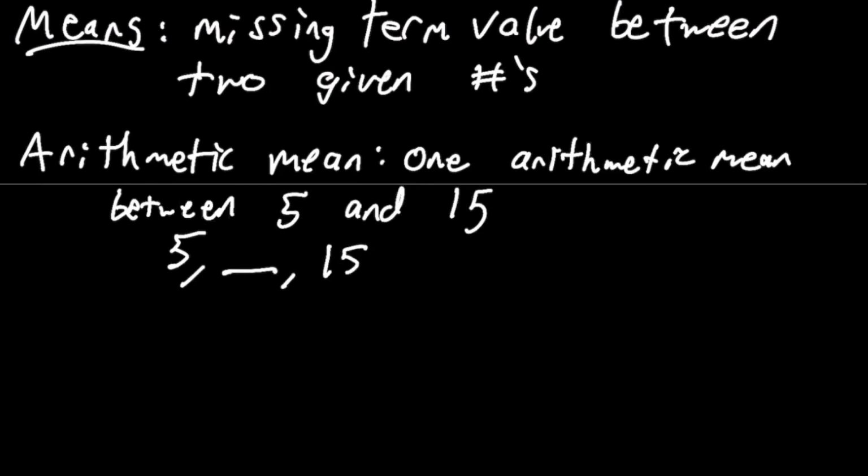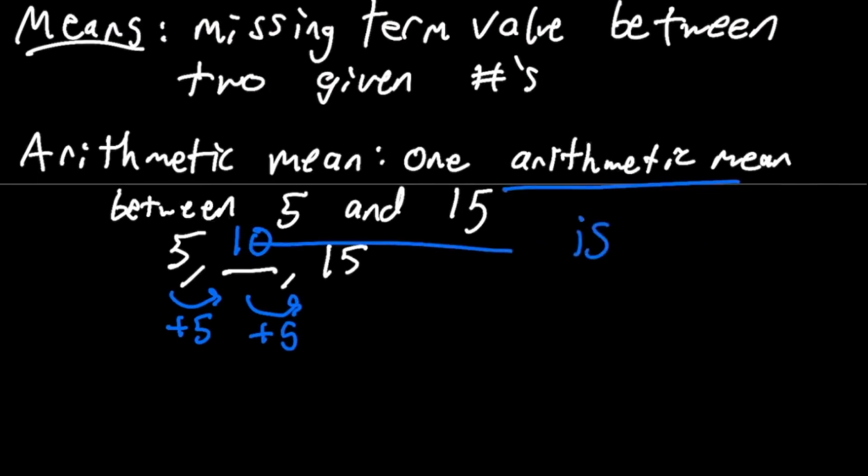So we're thinking about what do we need to add each time to get from 5 to our missing value to 15. In this case, we're adding 5. So 5, 10, 15. So the arithmetic mean between 5 and 15, we would say is 10, that missing number in the middle.